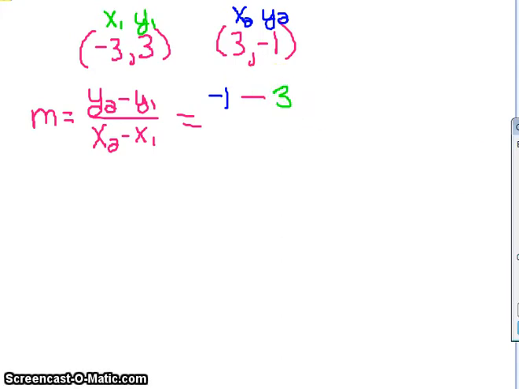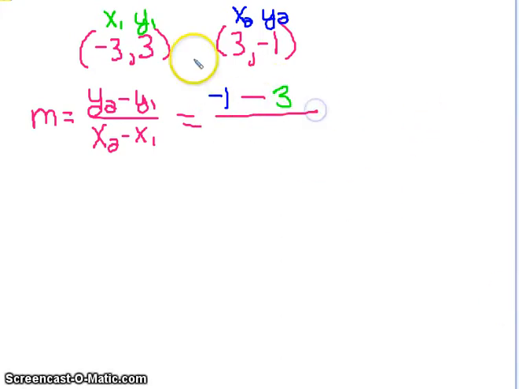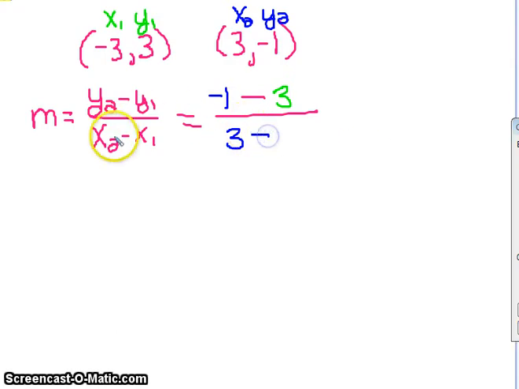And all of that is going to be divided by my x2, which is 3, minus my x1, which is, oops, I messed my colors up.